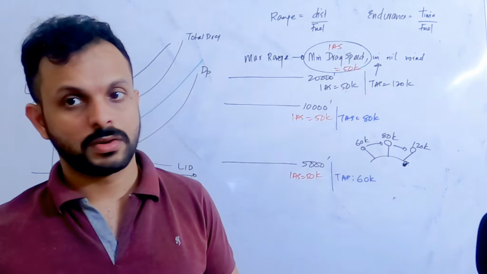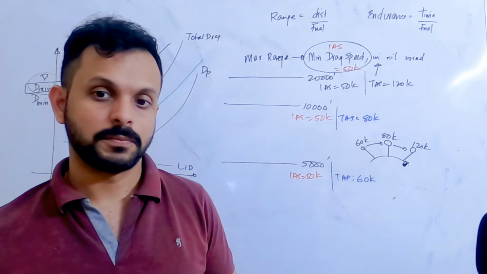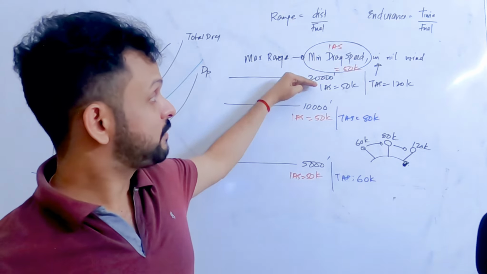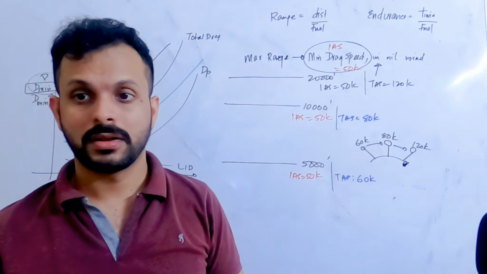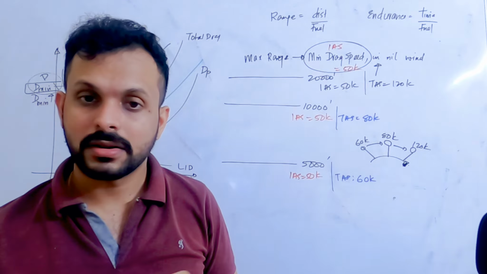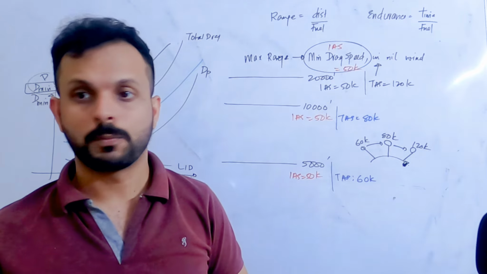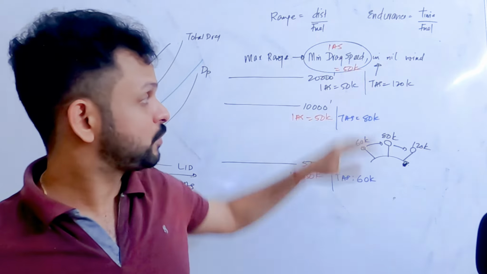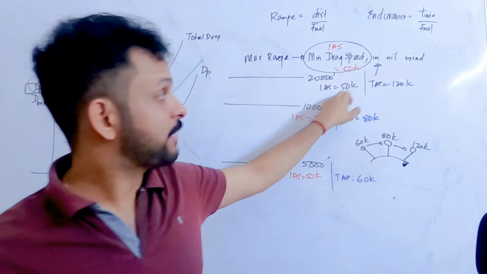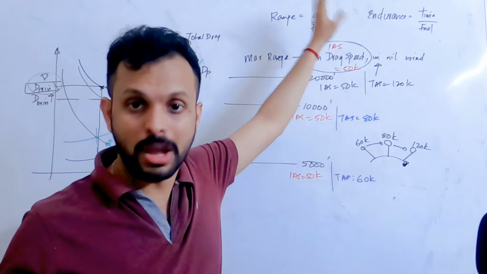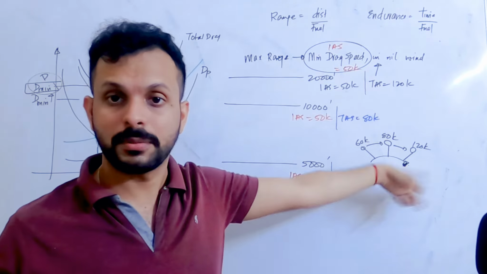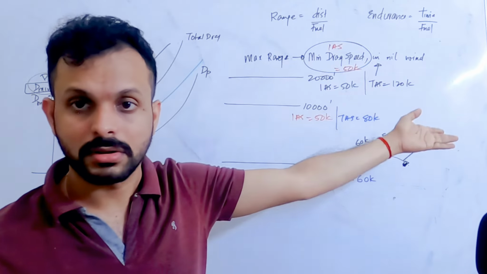Speed limitation. So basically, can I fly any higher than 20,000? I can fly, but will I be able to get maximum range? No, sir. Because to get maximum range, I have to keep up with 50, and for that I have to increase my TAS because I'm going up. I cannot increase my TAS any further because I've already reached the forward limit.